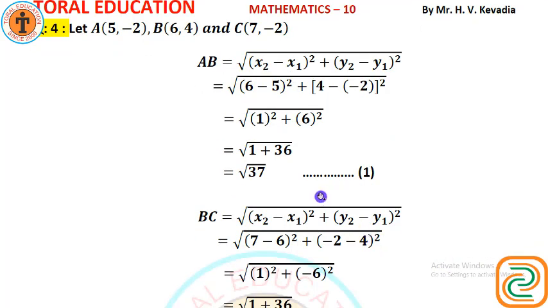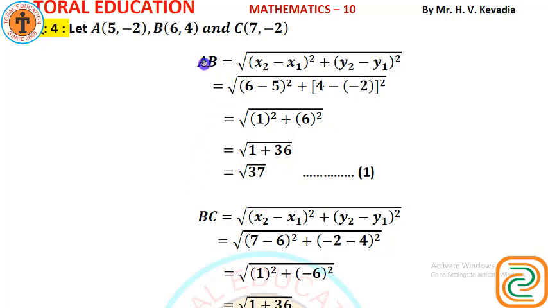Right? Question number 4. Check whether 5 minus 2, 6, 4 and 7 minus 2 are the vertices of an isosceles triangle. For an isosceles triangle, we have either AB equals BC, or AB equals AC, or BC equals AC. So let's see.